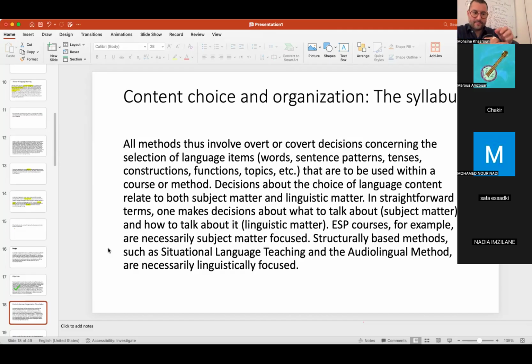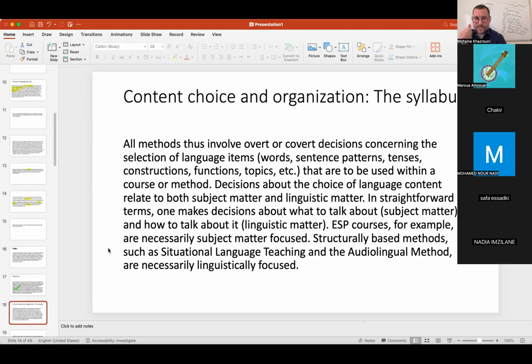In straightforward terms, it is making decisions about what to talk about, subject matter, and how to talk about it, linguistic matter. ESP courses, for example, are necessarily subject matter concerned. Structurally based methods such as situational language teaching and the audiolingual method are necessarily linguistically focused.